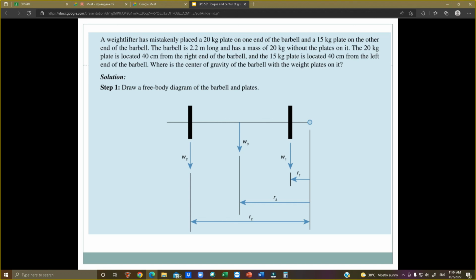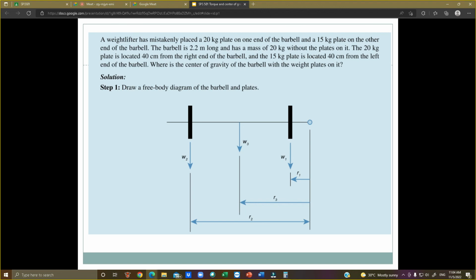Try to find out where it is located. Ni, tengok tu dia bagi mass tau. Dia bukan bagi weight. They give you mass. They are not giving you weight. So dekat sini ada dua cara untuk kamu selesaikan masalah.